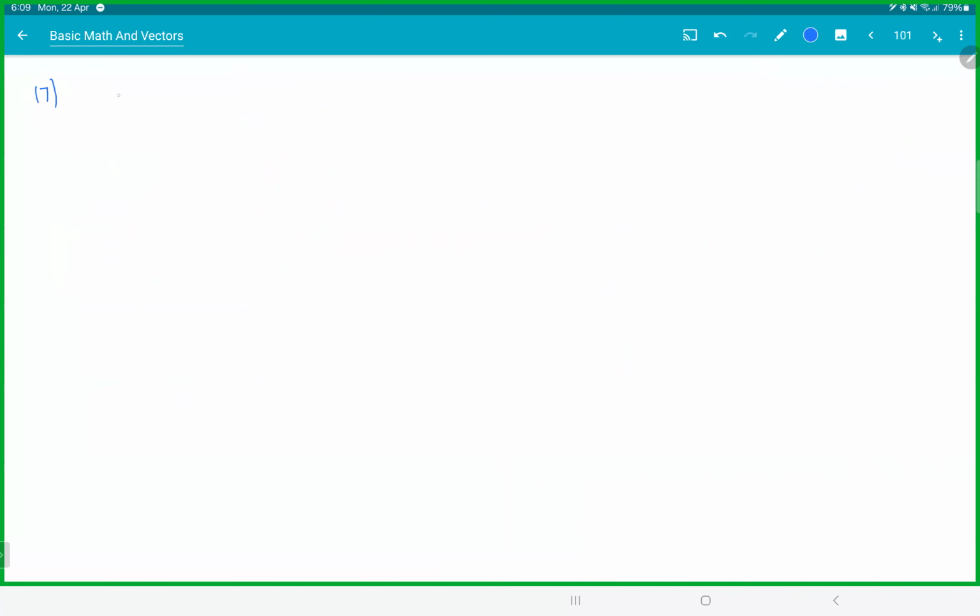So the magnitudes of three vectors are given. You have to tell me which of the following sets of vectors can give a 0 resultant.